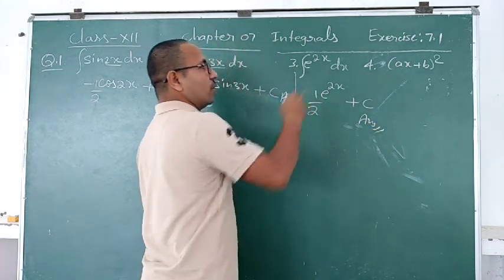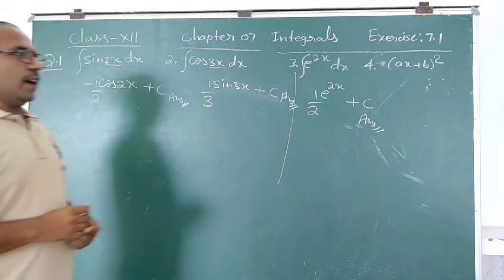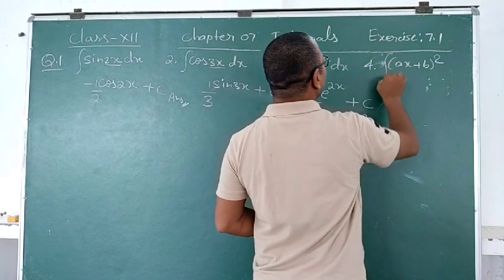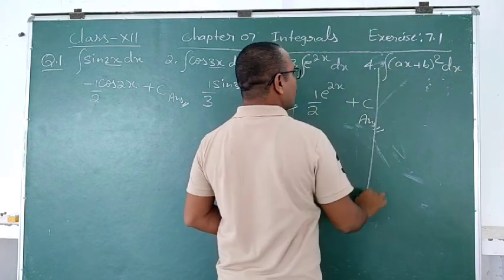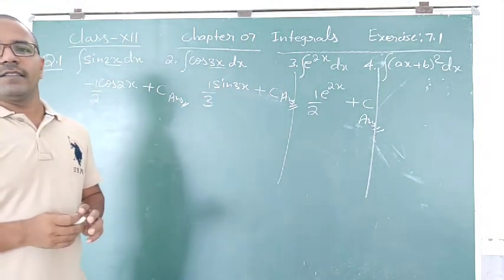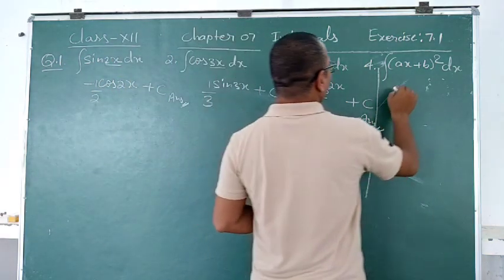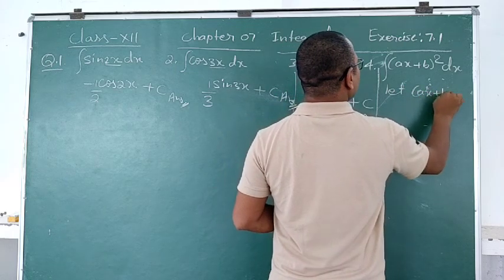So now students, we will see the fourth question. Question number 4 is (ax plus b) whole square. We will integrate with respect to x. So now students, in these questions we will assume ax plus b as t. So let t equal ax plus b.